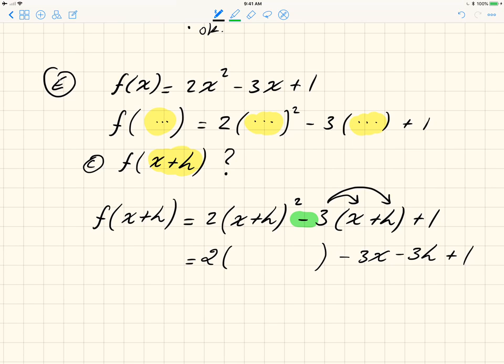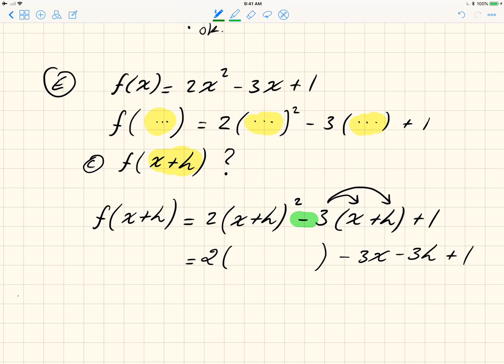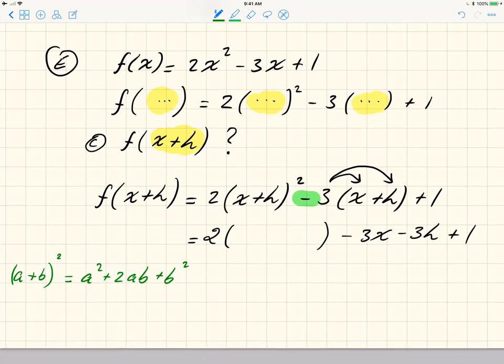Okay, good. Now, for the other part, let me remind you of an identity from algebra. a plus b squared equals a squared plus 2ab plus b squared. Do you remember that at all?